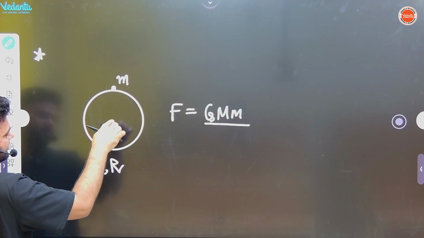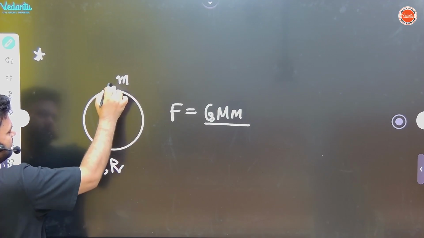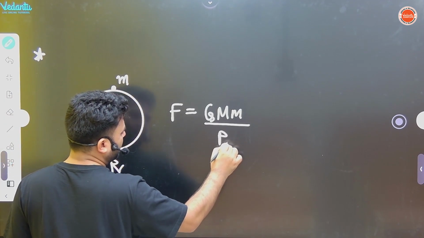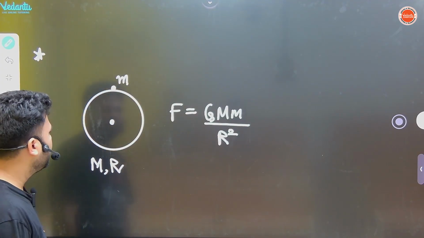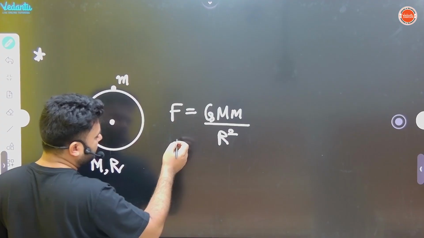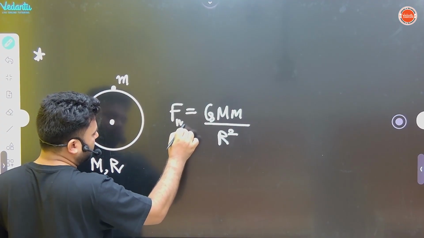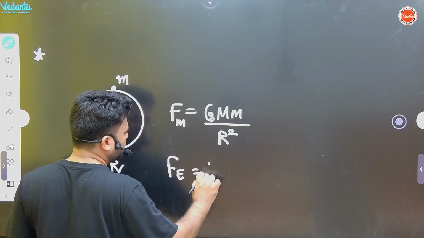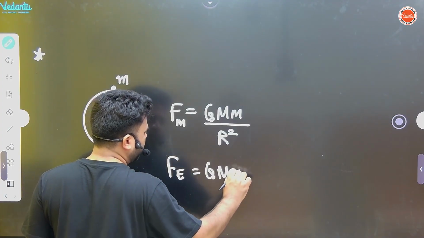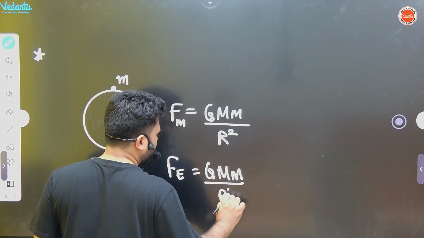Here I am, this is the center, the distance between them is what? Radius. So R square. This will be the force on me, as well as the force on the earth, the same value, G M m by R square.